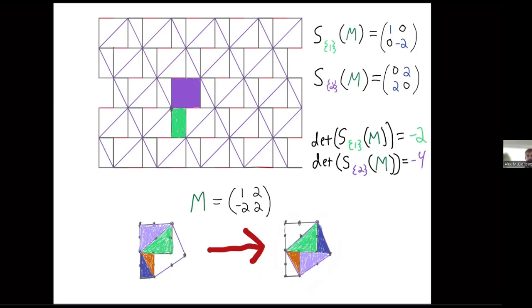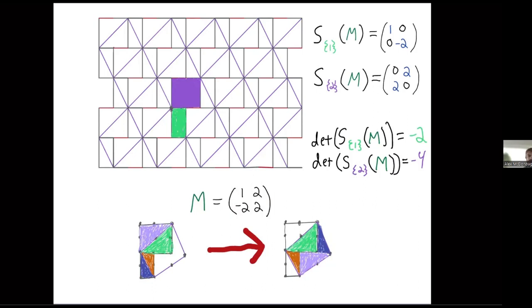And something that's easy to miss is not only are we translating these different regions, but the purple part over here is translating by (1, -2) to get over here. And the blue part is translating by (2, 2). So this is sort of showing that these are actually equivalent mod M in a certain sense.